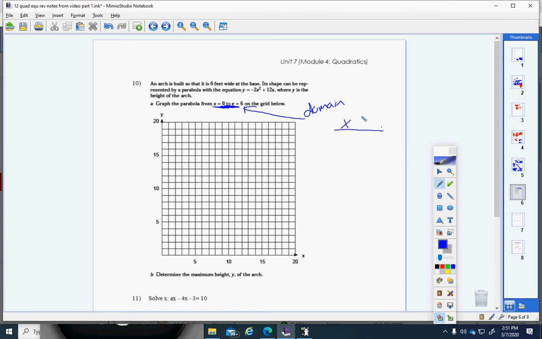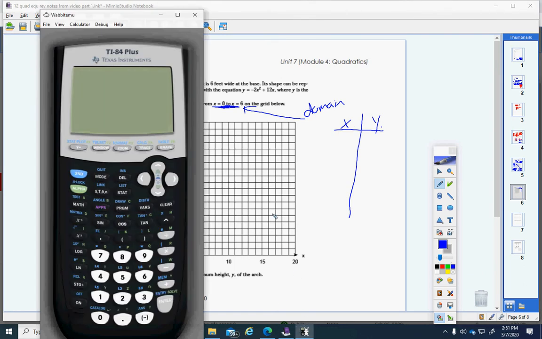And I would just use my calculator and write down the table of values that goes with this equation. Negative 2x squared plus 12x.